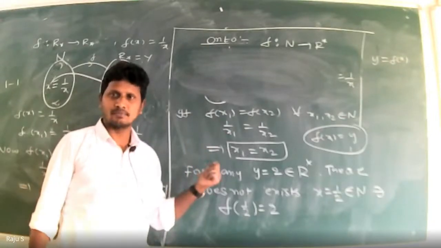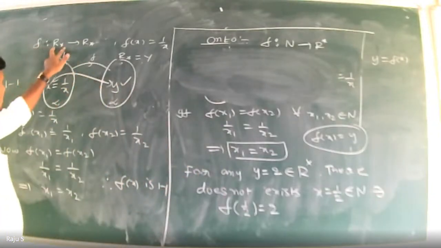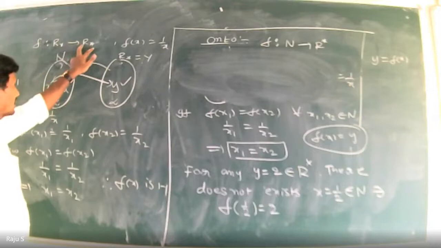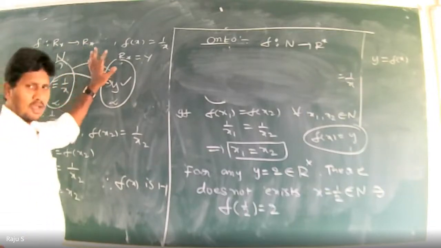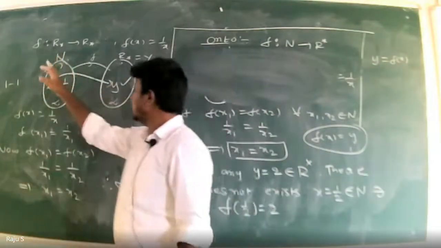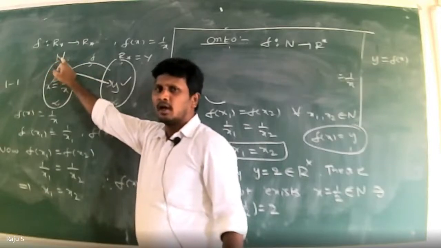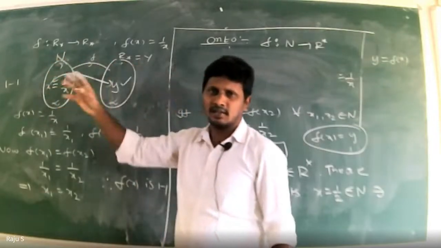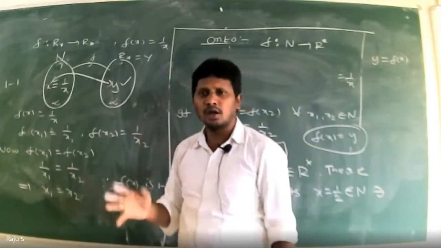Continuation. First, we have to show that the given function from R star to R star is 1-1 and onto. If we replace the domain by natural numbers, again we have to check whether the result is true or not, nothing but whether it is 1-1 and onto or not.